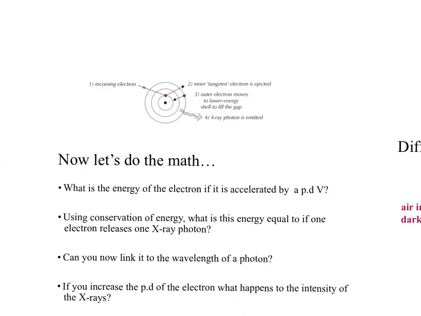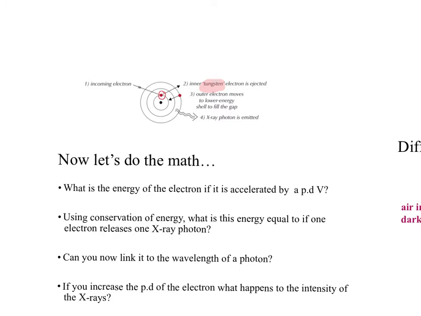Okay, so before I move on to the mathematical analysis, another way that X-ray photons can be emitted from the target metal is when that incoming electron hits the target metal, it will remove one of the electrons, so it will give it enough energy. So this is a tungsten atom. What it will do is remove one of the electrons completely.